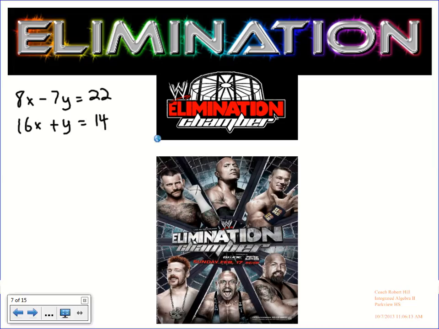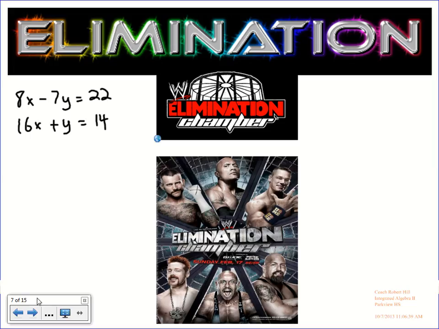So now, according to the elimination method, I have to take the equations and add the 2 equations together and see what they give me.